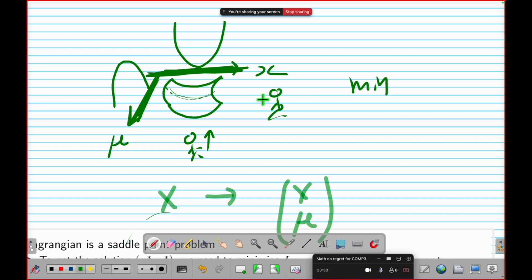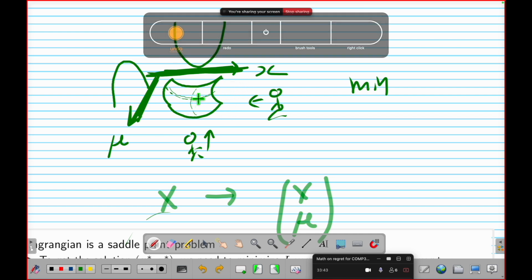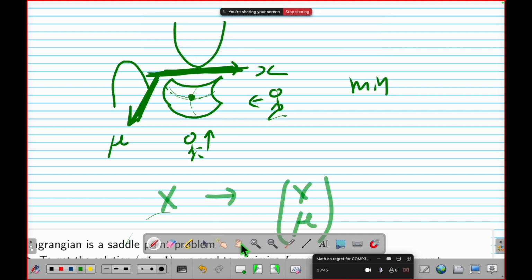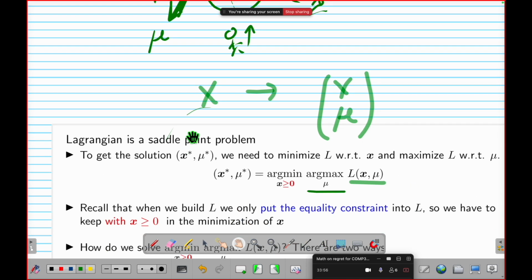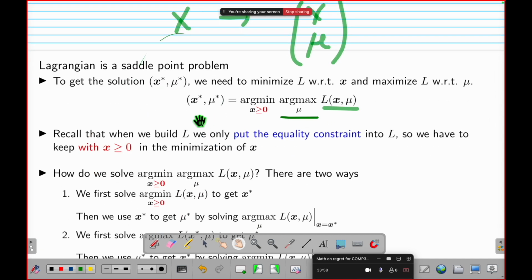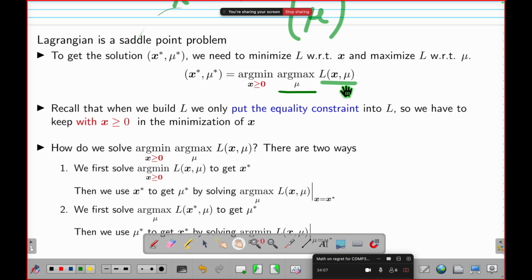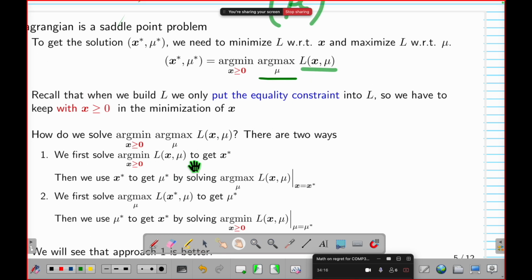But if you look here, it's a Pringle, so it goes like this, up. So you are trying to find a point here. It's like a chip that viewed one way is going down, viewed another way is going up, and this is called a saddle point. So that's the thing. Lagrangian optimization is always about finding a saddle point. So I'm going to solve this for mu such that this is smallest on x, largest on mu. Okay, these are details, not important.